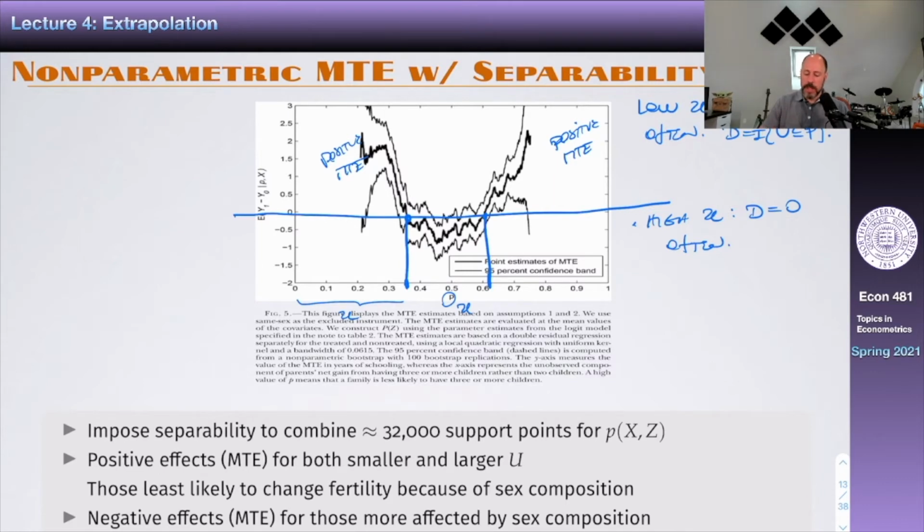So from here we learned that the marginal treatment effect is not constant, doesn't seem to be monotonic, and that there is at least graphically a suggestion that there is unobserved heterogeneity.